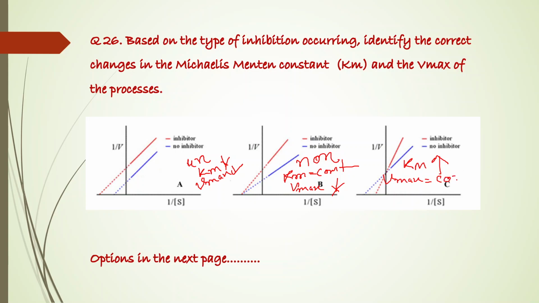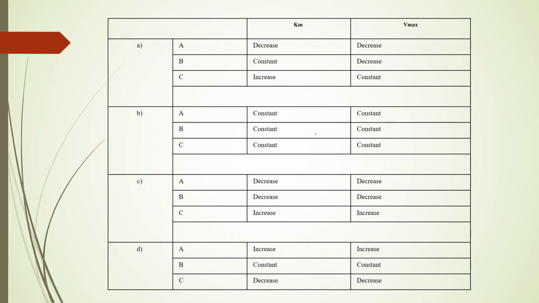So let us look at the options on the next page. Yes, the correct option should have been A. For the first, uncompetitive one, both decrease. For the non-competitive one, Km constant but Vmax decreases. For the competitive one, Km increases but Vmax remains constant.